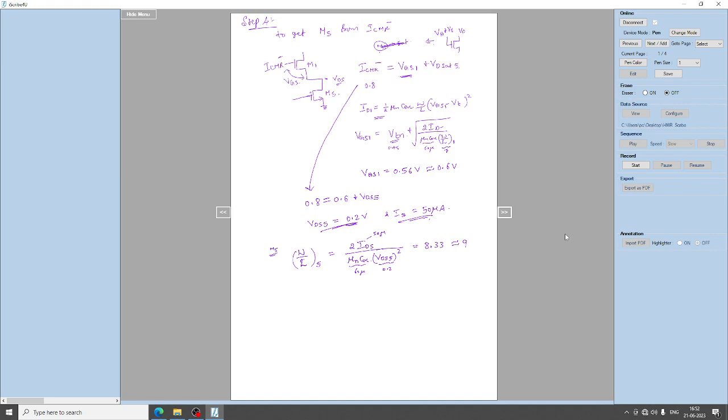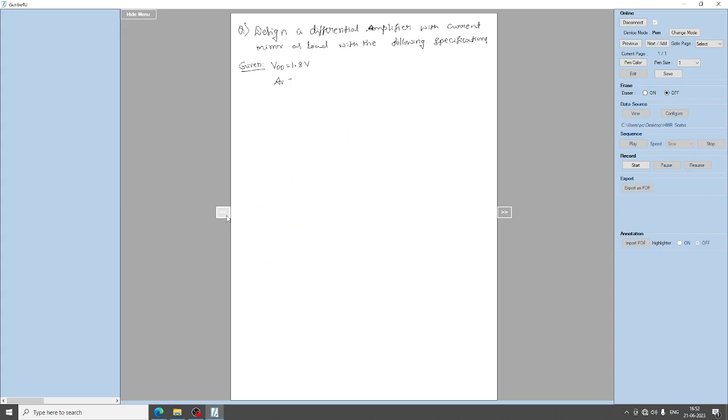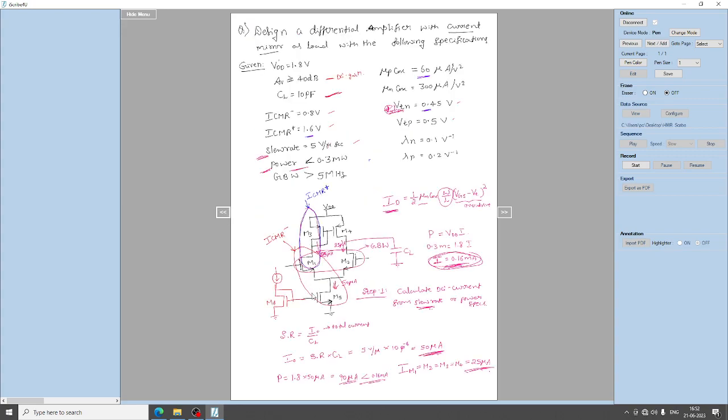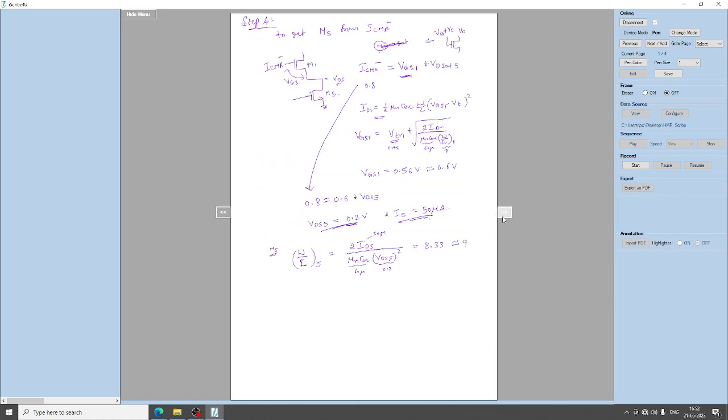So by this we have designed the entire circuit, that is, we have designed the aspect ratio of all the transistors. M6 is the current mirror, so depending upon the current you want, you can adjust the value of M6 and M5 accordingly. Here we have found the value of transistors M3 and M4, which are the PMOS transistors; the size of this is 83.